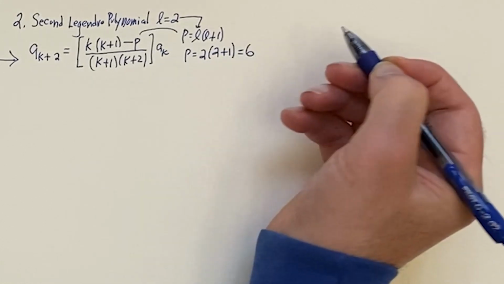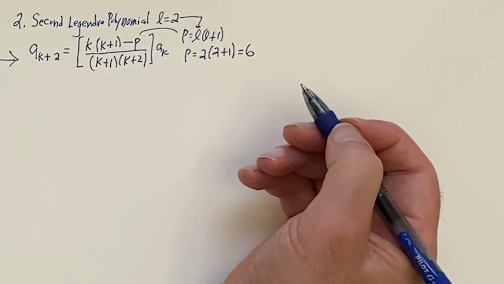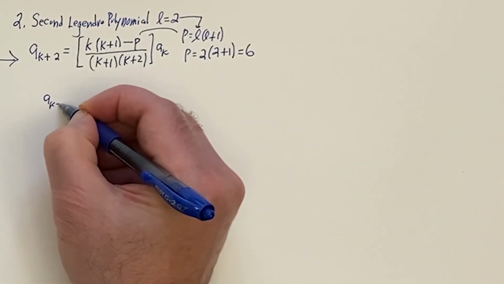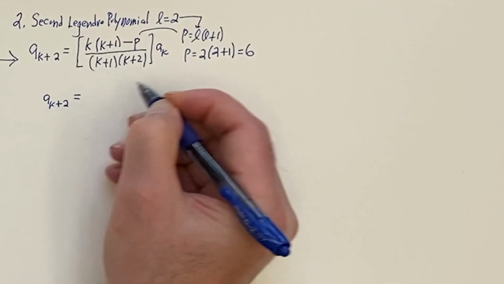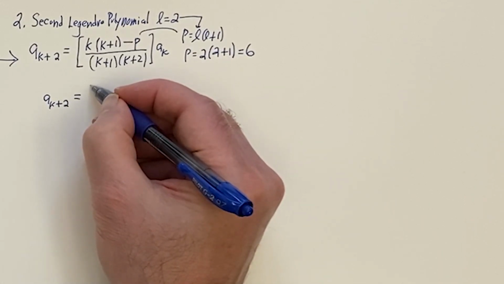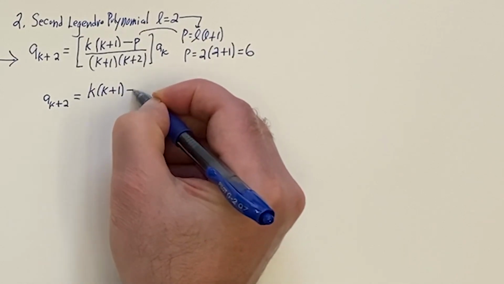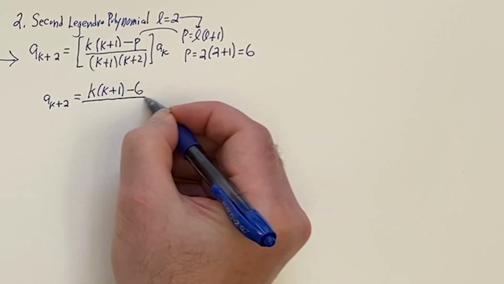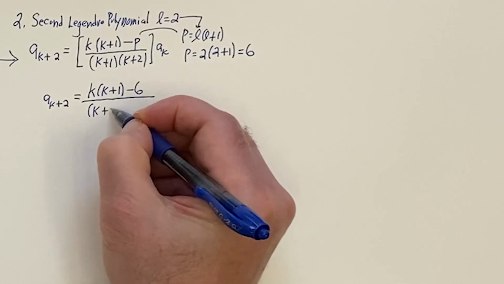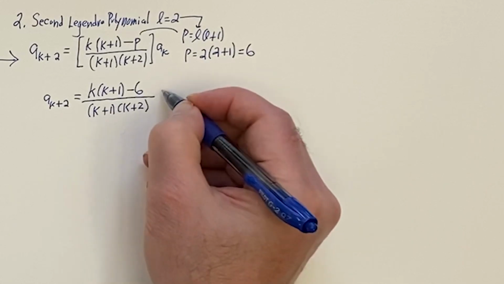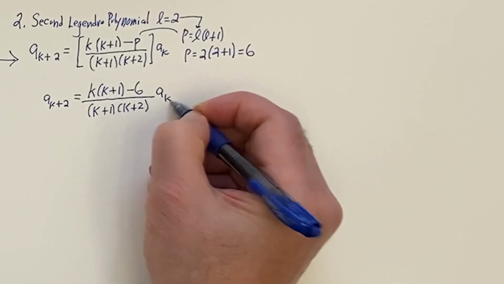P is going to be 6. All right. So that means for the second Legendre polynomial, the recursive relationship is going to be k plus 1 minus 6 over k plus 1, k plus 2, and this is going to be a k.